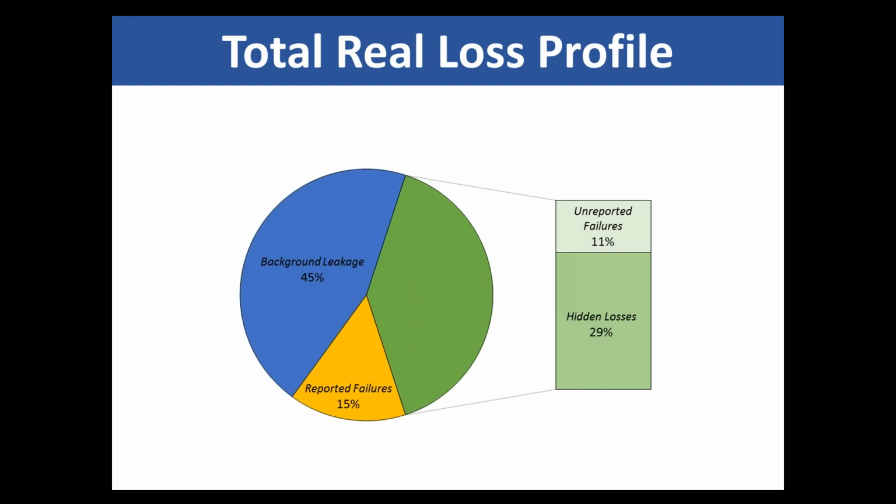Now, here's an interesting thing that you get out of doing this type of analysis. So the total volume of unreported leakage, 11% of that was actually recovered by their leak detection program. So they hire a company, or back then they hired a company to survey, I think it was 30% of their system each year.